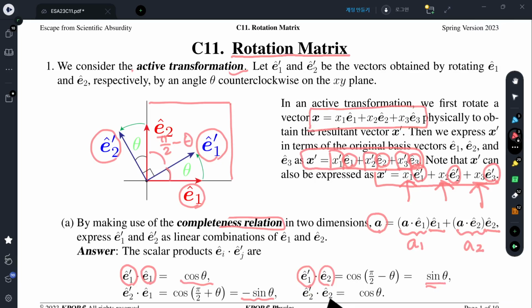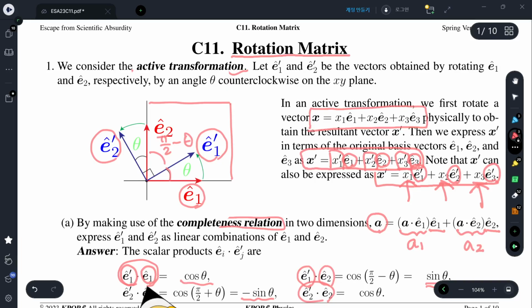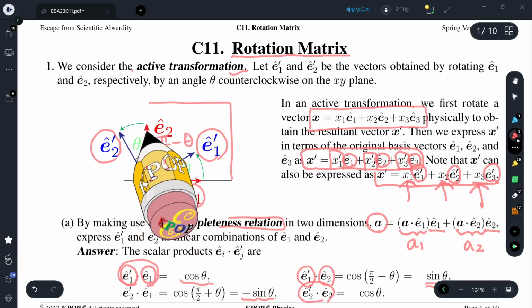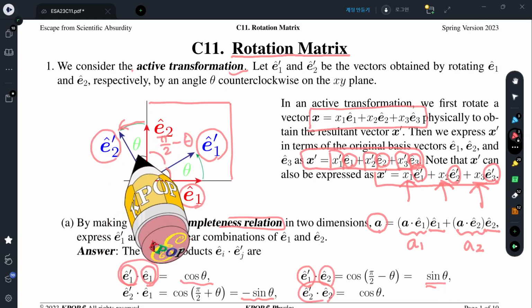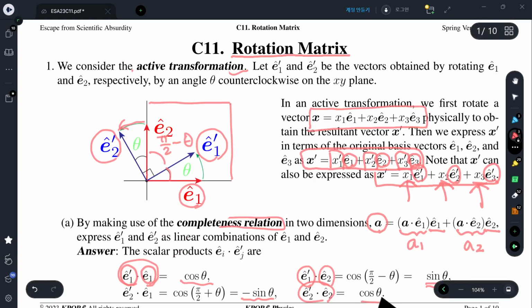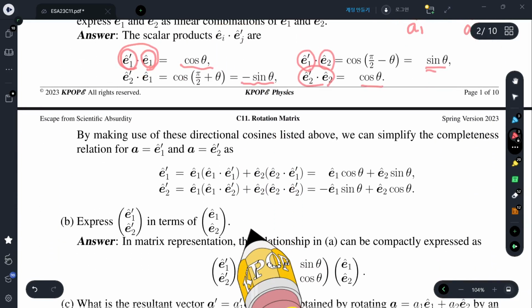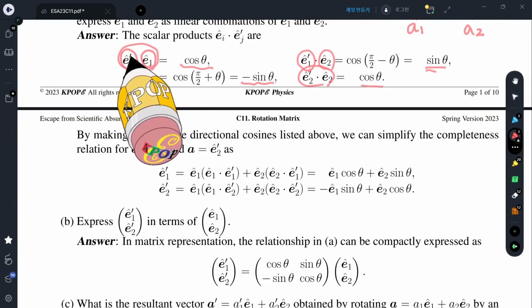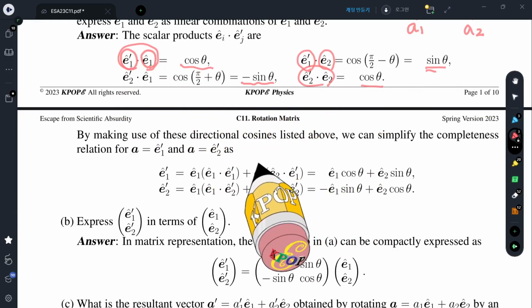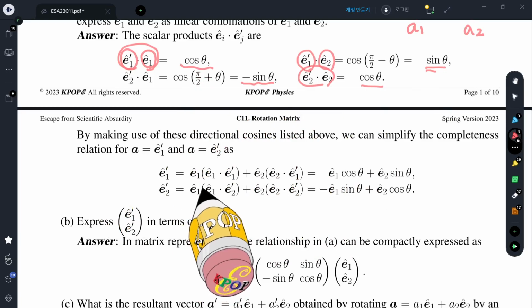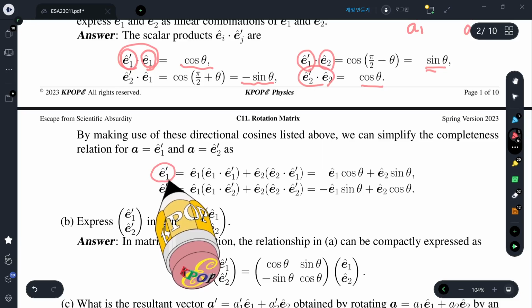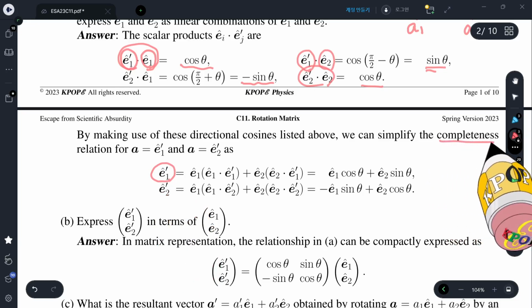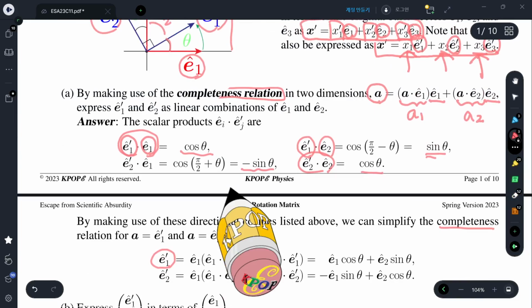For E2 prime and E2, their scalar product is trivial, just like E1 prime and E1, because it has been rotated from E2 to E2 prime by an angle of theta. So this is cosine theta. We substitute these values for the directional cosines that appear in the expansion of E1 prime by making use of the completeness relation that we just listed here.